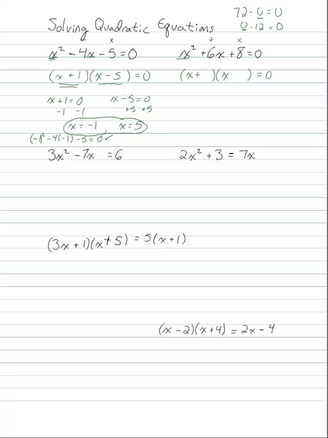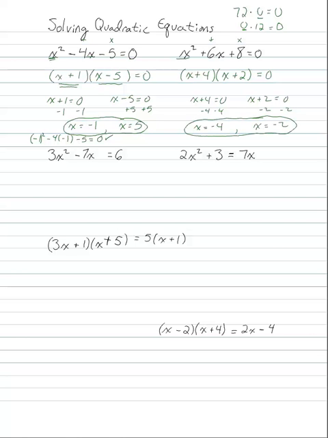So plus 4, plus 2. So I'll have x plus 4 equals 0. Subtract 4, x equals negative 4. And x plus 2 equals 0. Subtract 2, x equals negative 2. Again, I can check both of those.